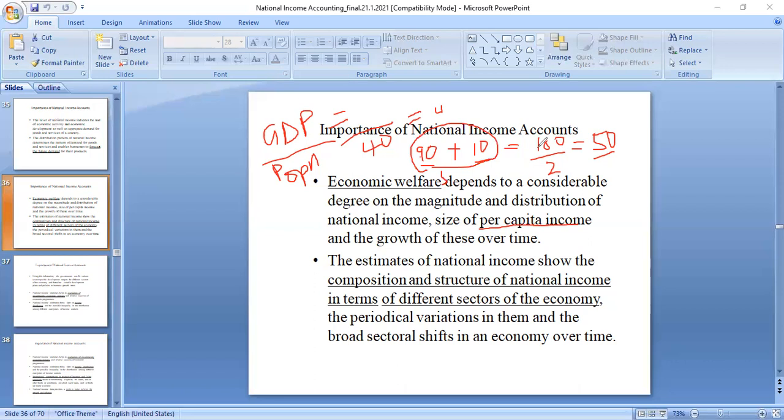So also the estimates of national income show the composition and structure of national income in terms of different sectors of the economy. We've seen that these 3 different approaches are appropriate to those different sectors of the economy that we saw.